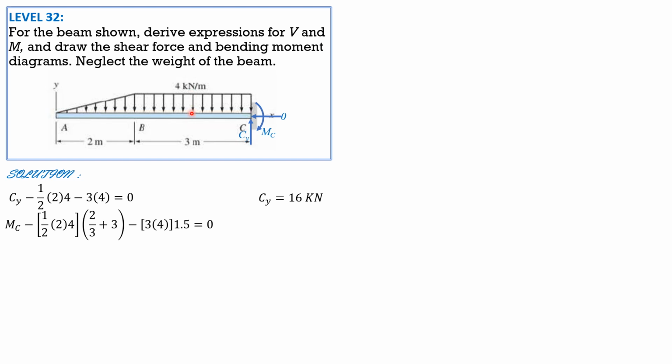Then here at the centroid, the equivalent force is the area of this rectangle, 3 times 4, and the distance of the centroid from C is half of 3, 1.5, equals 0. So M sub C is equal to 32.667 kilonewton meter clockwise. So it is correct in the figure, the direction.